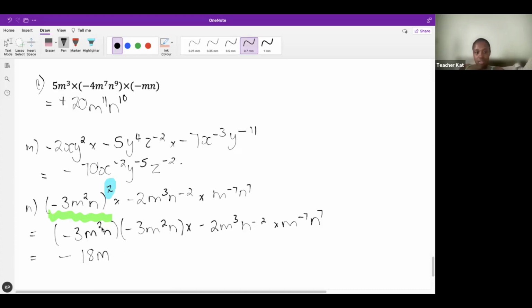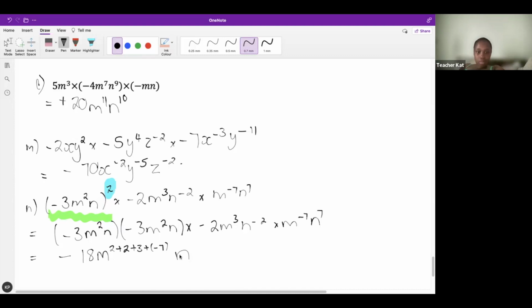So it's m to the power of 2 plus 2 plus 3 plus negative 7. So let me write that down. 2 plus 2 plus 3 plus a negative 7. And n to the power of, where there's nothing there, we have a 1.